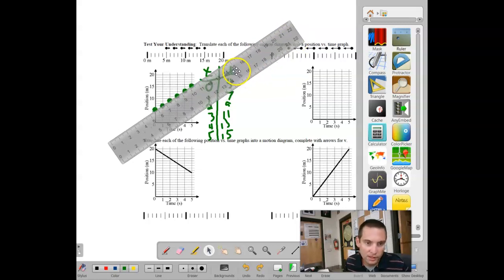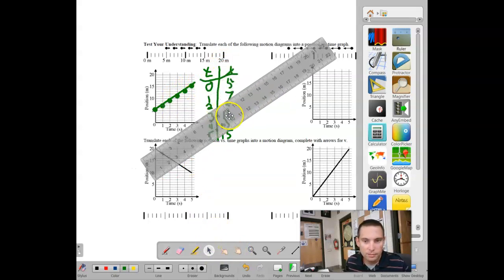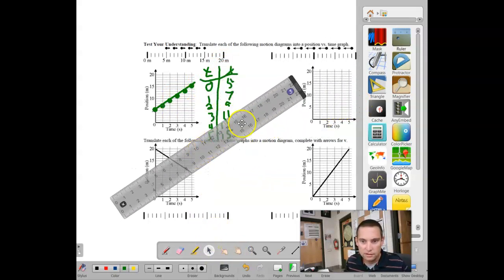But remember, normally you want to have as many points above the line as you have below, and you want to get as many points on the line as possible.